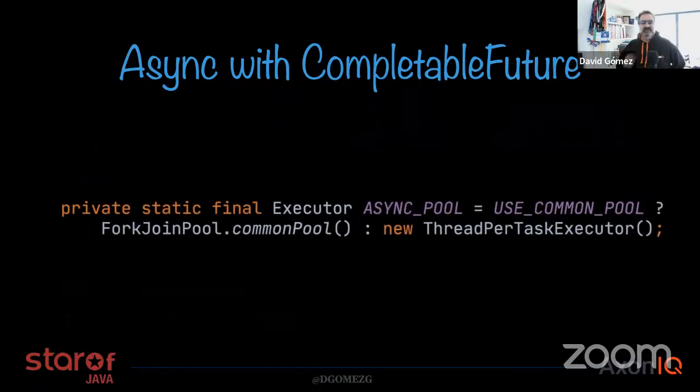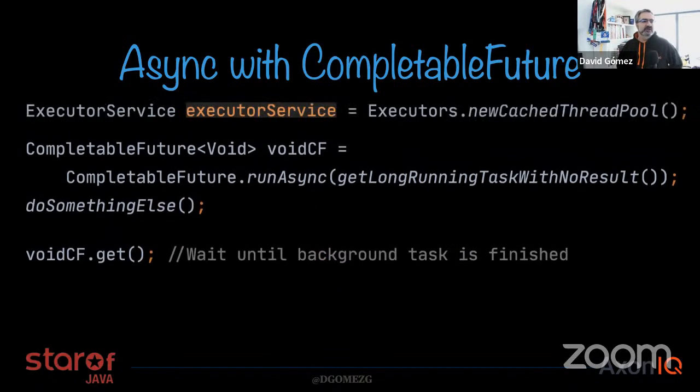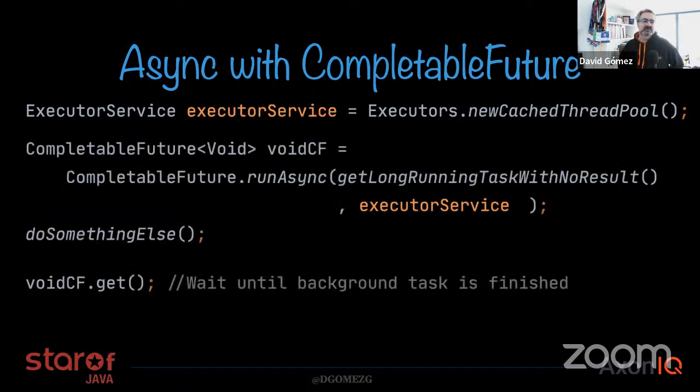But there are ways to avoid this problem. What we could do is define our own executor service, and once we have it, provide that executor service to our runAsync method. That way we are not using the default strategy, either the new thread per task or the common fork join pool.